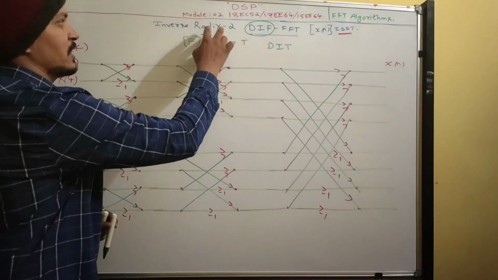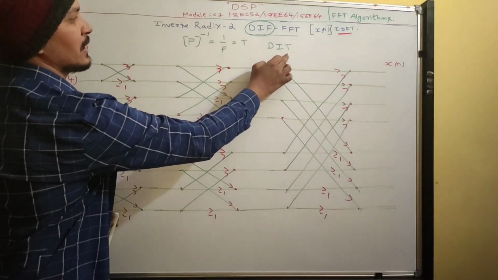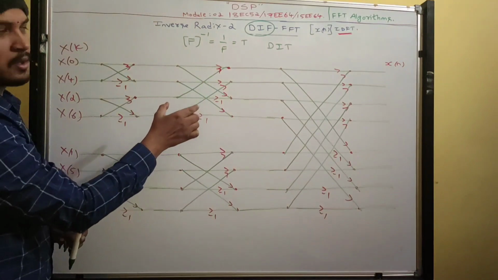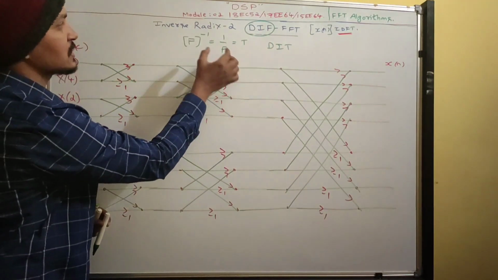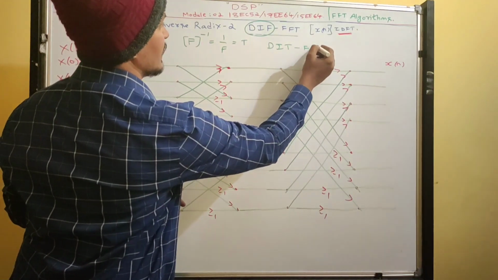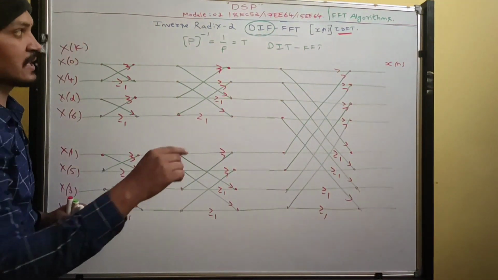Decimation in time. If I inverse radix 2 DIF, what will I get? DIT. Already the inverse is done. What is left now? Radix 2 DIT FFT.